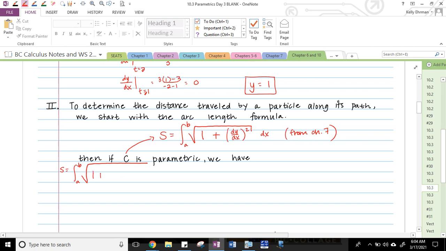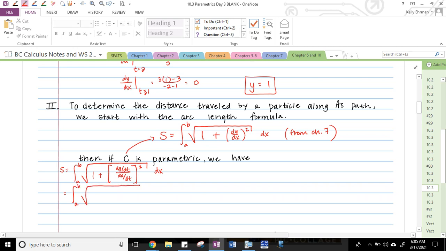So 1 plus dy dt over dx dt, that quantity is getting squared, and we still have a dx out here. Now here's the thing. If I'm looking at arc length, everything's going to be in terms of t, so I don't want a dx out here. I want this to be a dt. So I need to do a little bit of algebra magic again, which I think of as unsimplifying.